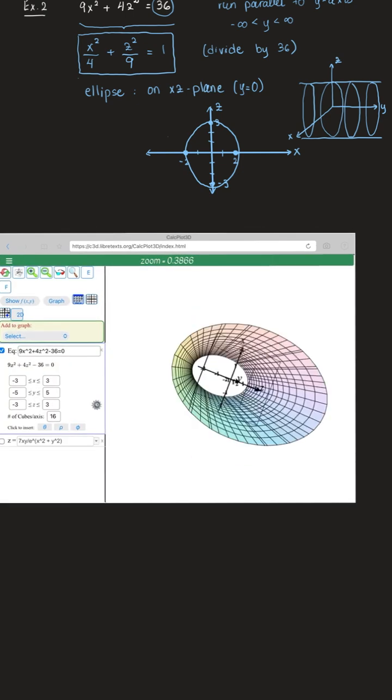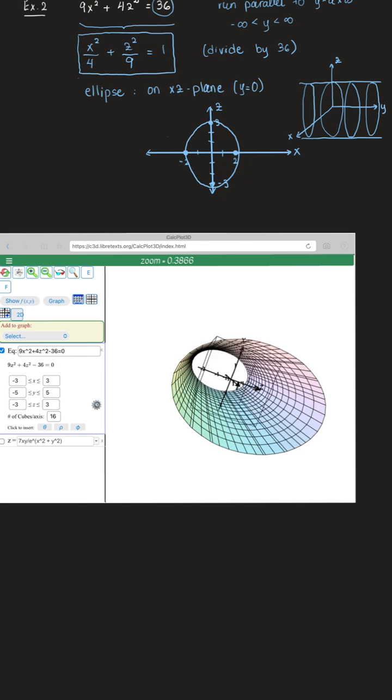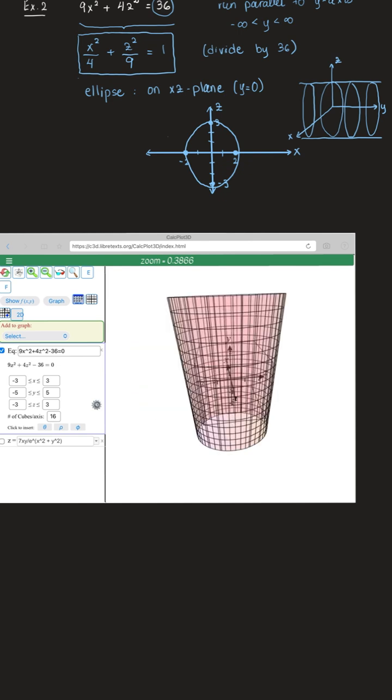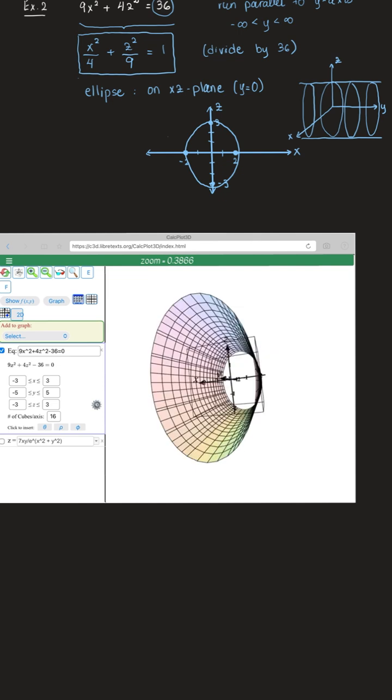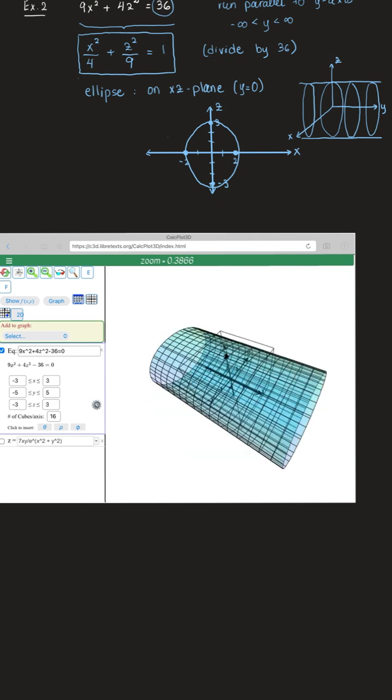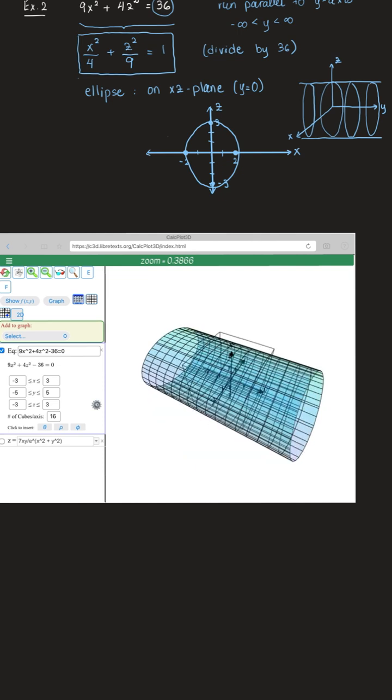And the trace is on the xz plane, and that trace gets repeated. So there we have our elliptical cylinder that runs along the y-axis. You can see it again here, where we have the y-axis running in this direction, and the trace of the ellipse is getting repeated for any value of y.